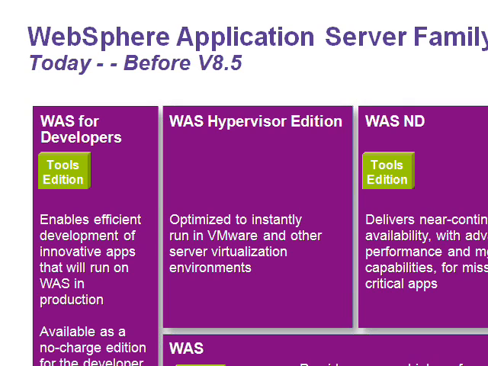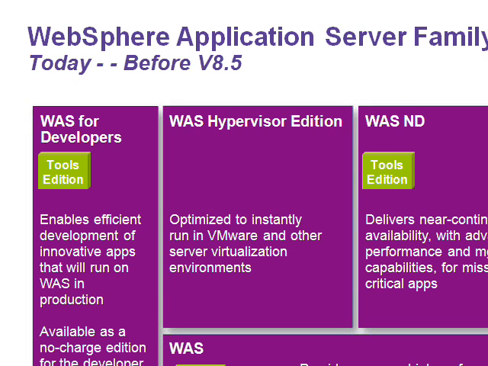And WAS ND, being one of these, also comes with the tools edition. Now we also have WAS optimized for z/OS. We have WAS Express, which is a lower cost version primarily for building dynamic websites, and we have the WAS for developers version, which is what we're going to talk about today primarily, which is a new offering that we're coming up with.